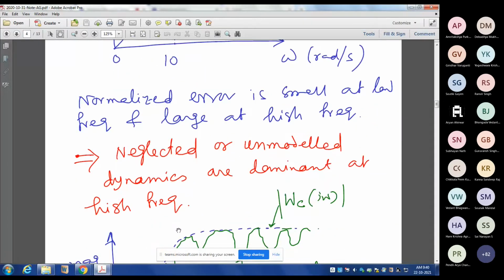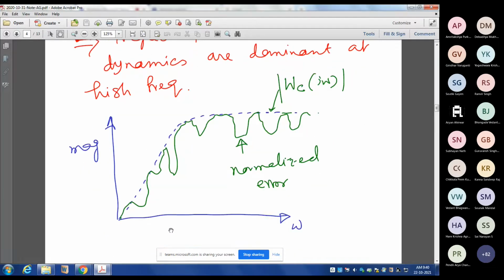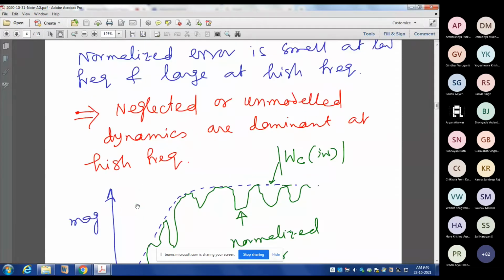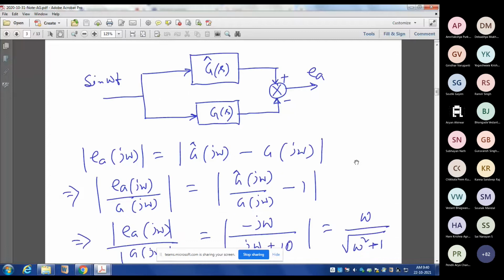So in general, what do we do? The plot may be like this. Here I am getting a smooth plot because I have considered a very simple system, and the normalized error transfer function is nice. But it may happen that the normalized error transfer function is of higher order.